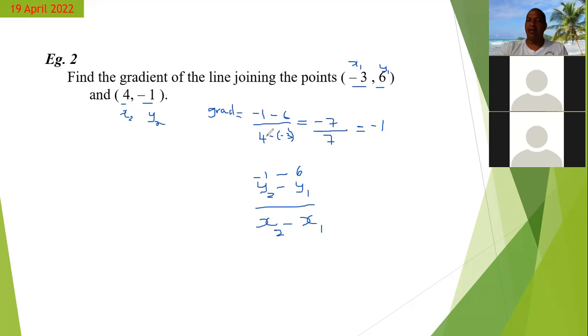Down here we put the x2 value, 4, and then negative 3 for x1. We put negative 3 here, but remember we are subtracting it, so we have to put it like that. Does that explain how we get these signs?